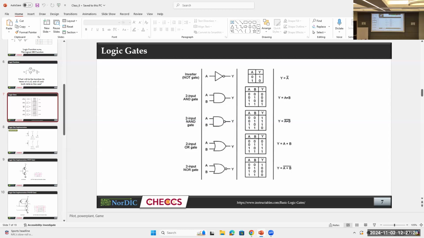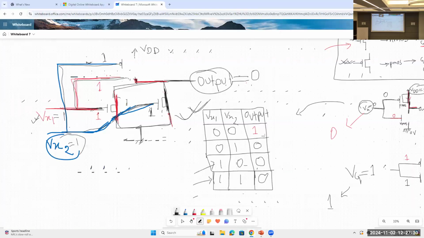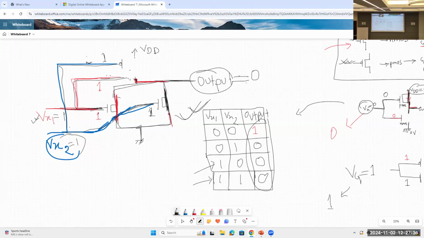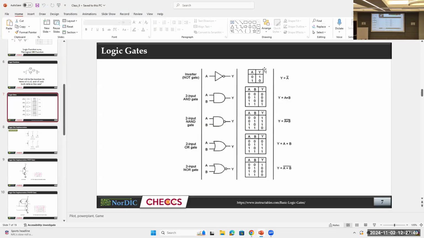So we get this output from the circuit analysis, right? 1 0 0 0. We have created a truth table, and as you can see, the last one matches, and this is for NOR.